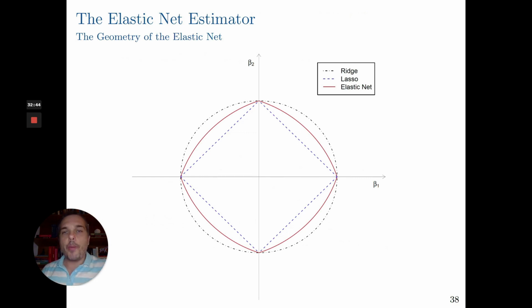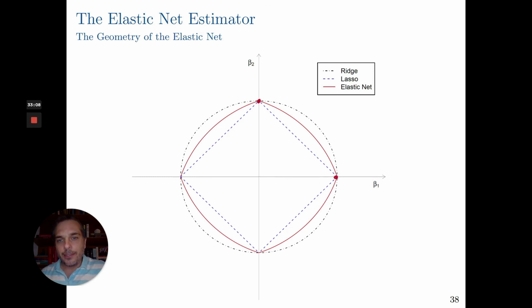Okay? So comparing the three restriction surfaces, the dashed blue line is the Lasso, the dashed circle is the ridge. So what the elastic net does, it introduces curvature here but still keeps the kinks.